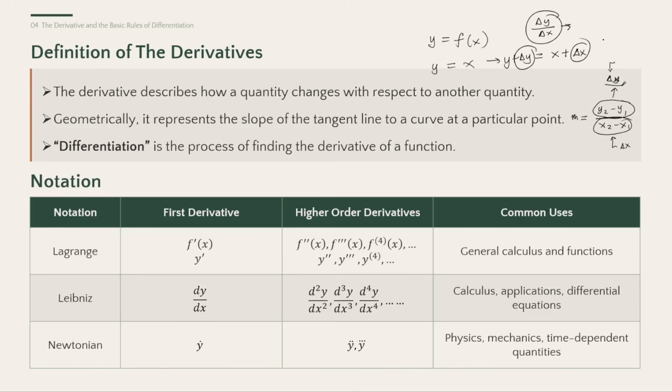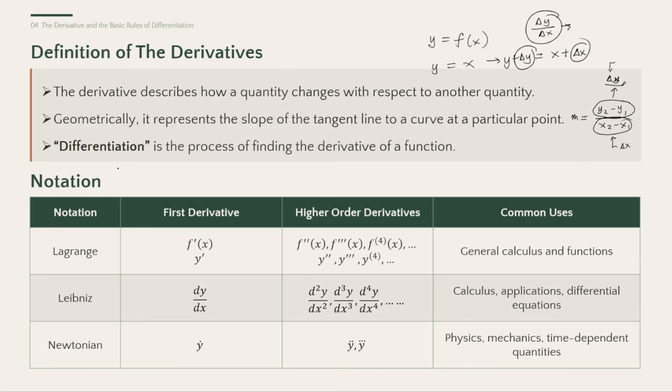For example, a population changes with time, your money in the bank changes with time, and other quantities. Using the principle of changes, we can apply the rules of differentiation and the derivatives in order to create the rules or equations that govern those changes.